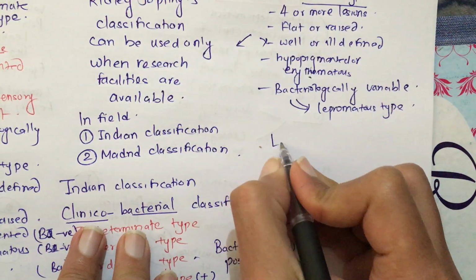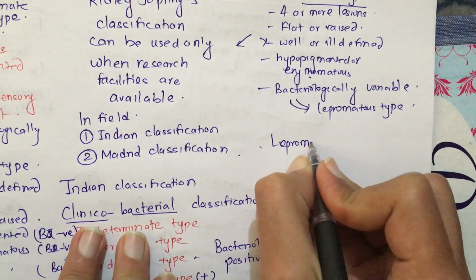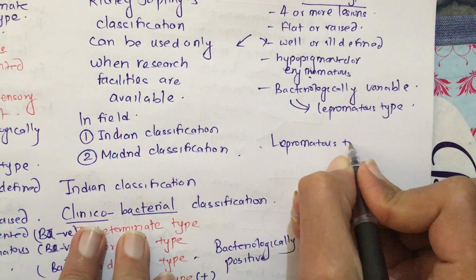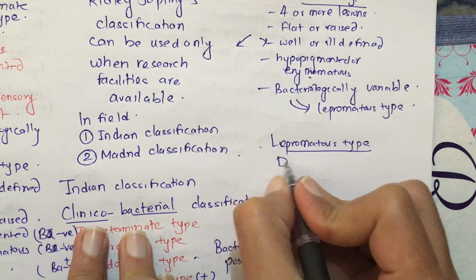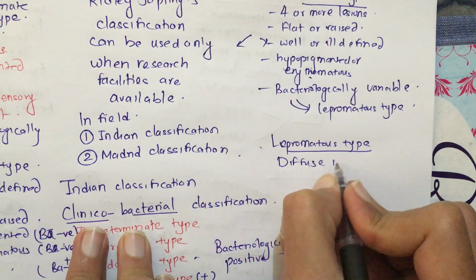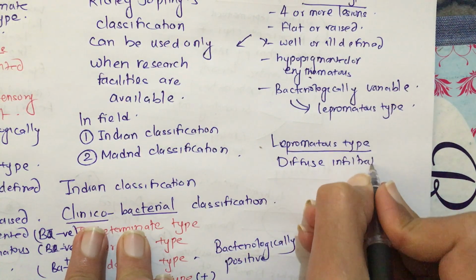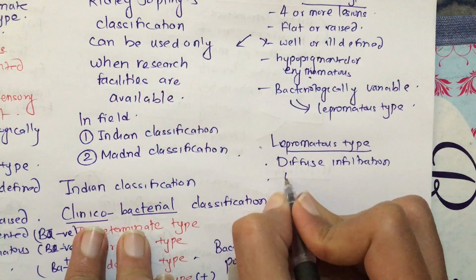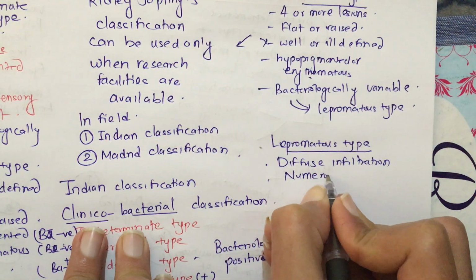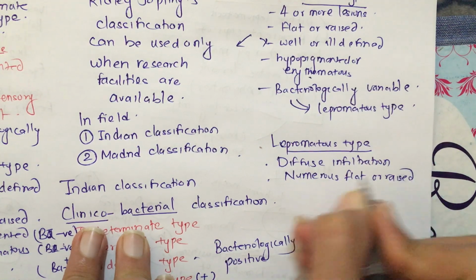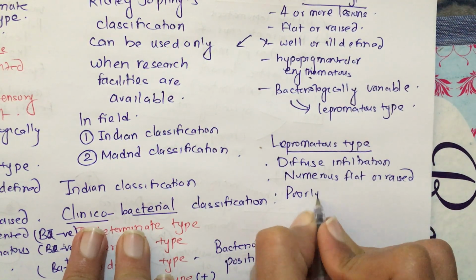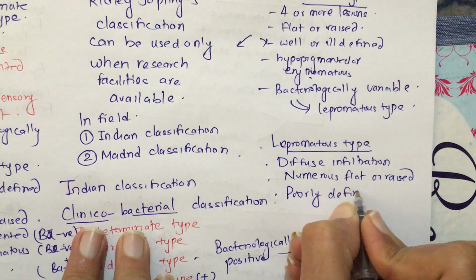The fourth type is the lepromatous type. This type denotes those cases with diffuse infiltration or numerous flat or raised lesions, poorly defined, as in the Ridley-Jopling classification.